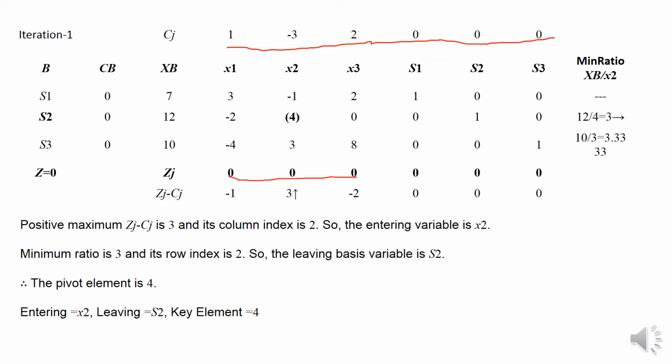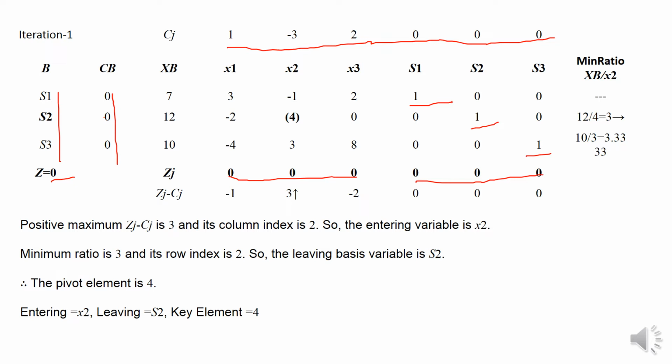So we get s1, s2, s3 from the first equation, the second equation and the third equation, because we have kept x1, x2, x3 as 0 in the constraints, and the z value is 0.